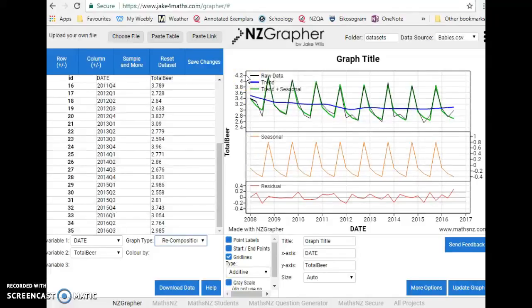That's 4.2 minus 2.6, 1.6 is the range. Can you do that? And if you take 10% of 1.6, you get 0.16. With me so far?